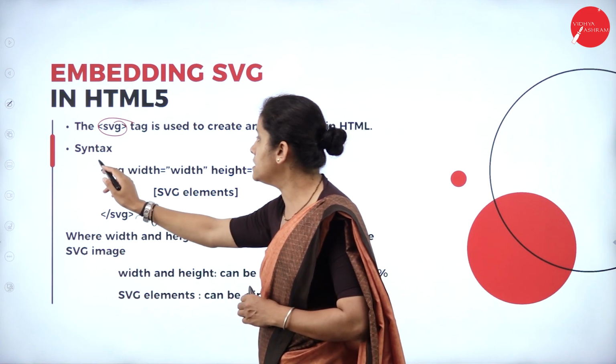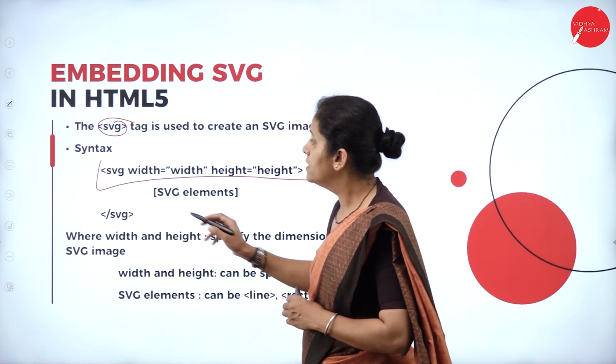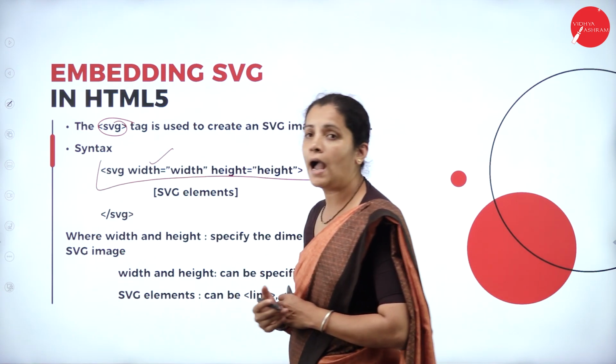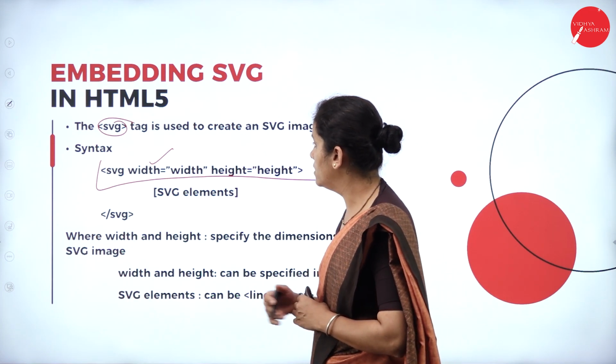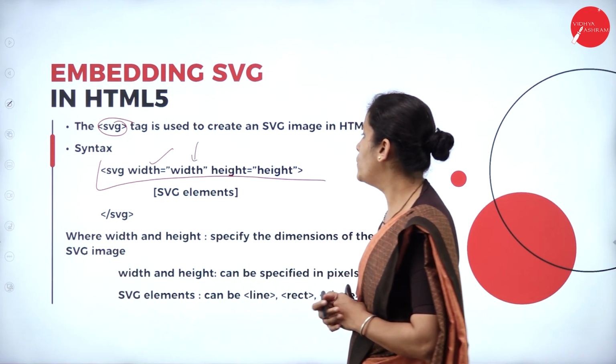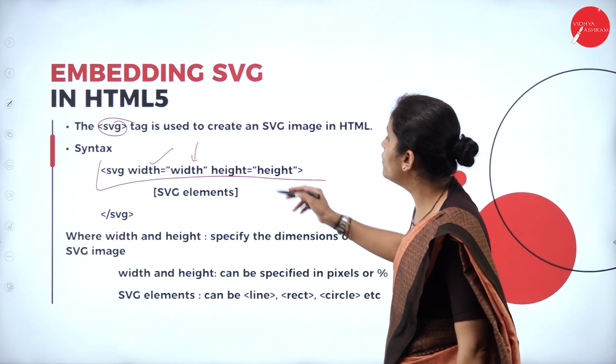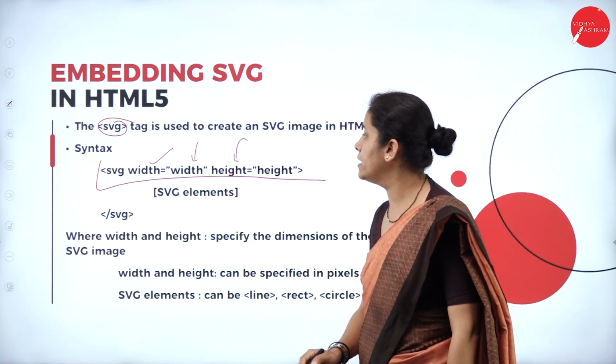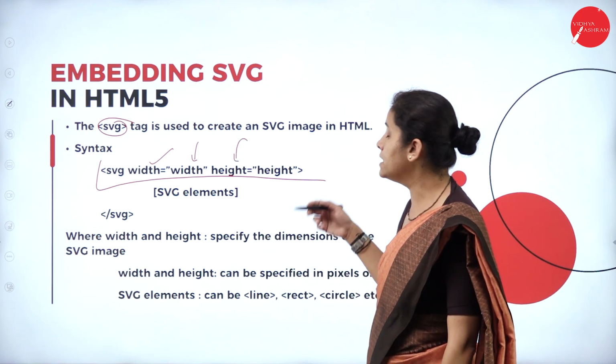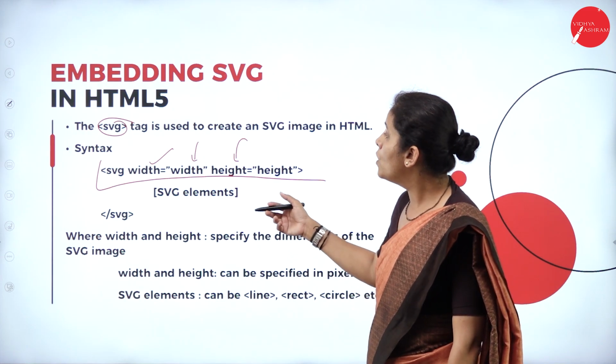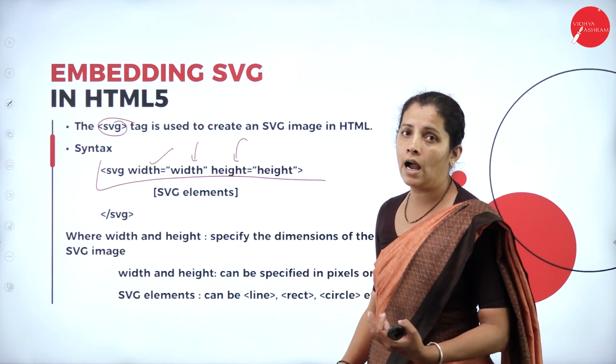And if I consider the syntax of SVG, I'm going to have the attribute width, and I'm going to specify the width, and the attribute height. I'm going to specify the attributes. And how am I going to specify the width and height?